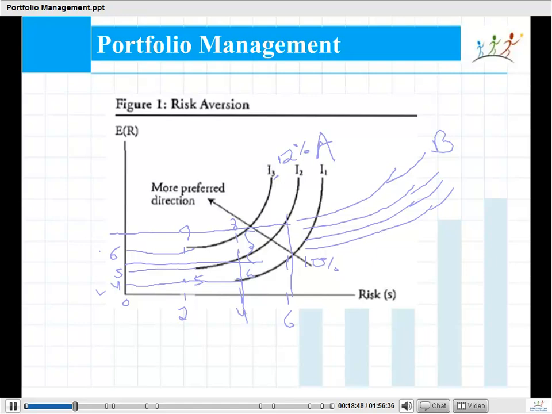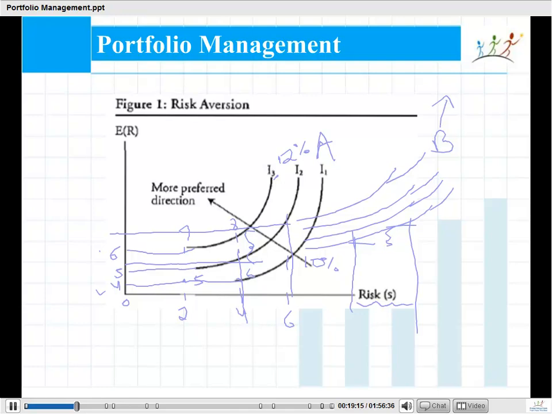Whereas look at investor B, even if I give a slightly higher return, that is from here to here, he is willing to take the additional risk. So investor B is a risk-seeking personality. As long as you give him a little bit of extra return also, he will undertake the risk.